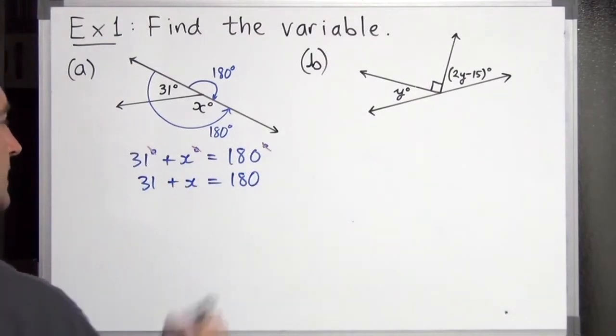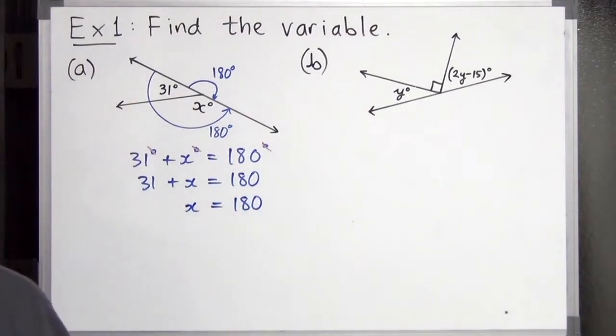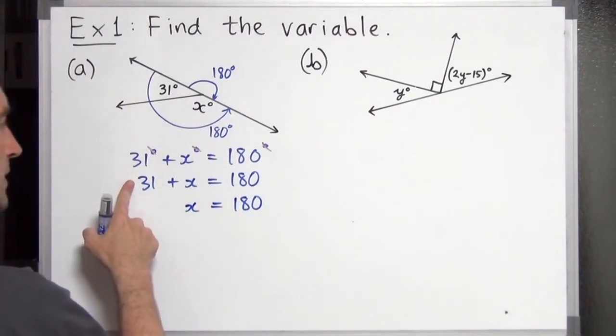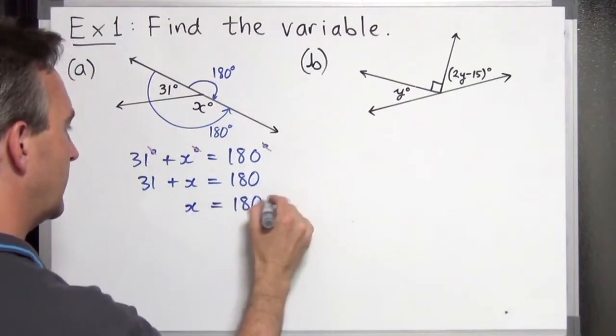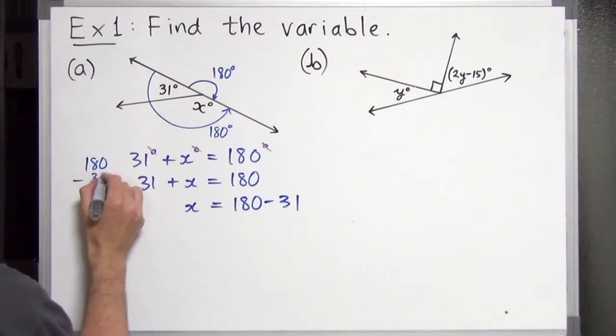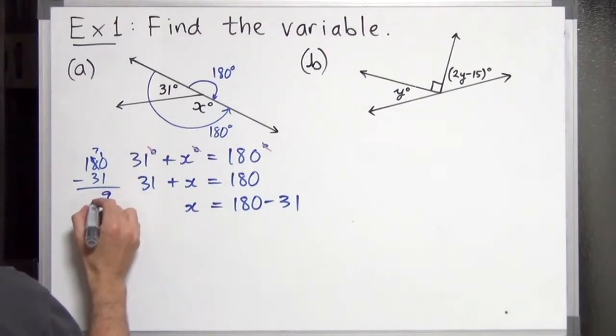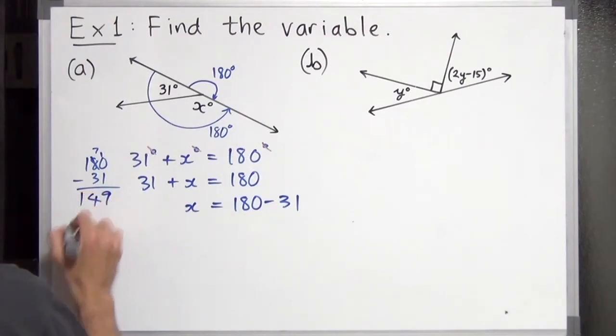Well, let's solve this. X equals 180. I like to do it this way lately. We've got plus 31. When it jumps over to the other side, it's going to become minus 31. So we're going to do that subtraction. 180 minus 31. 0 minus 1 can't do. 8 becomes 7. Carry 1 back. 10 minus 1 is 9. 7 minus 3 is 4. 1.